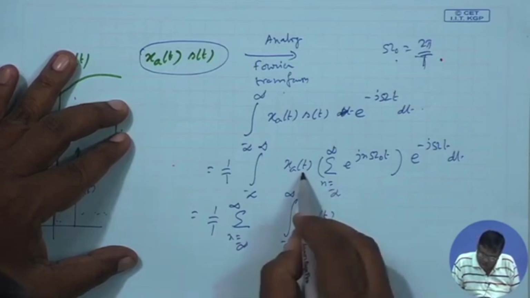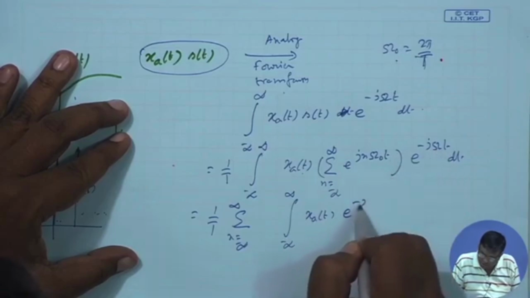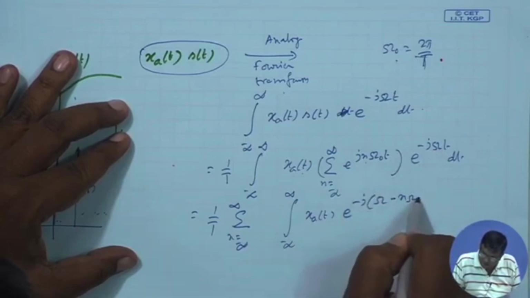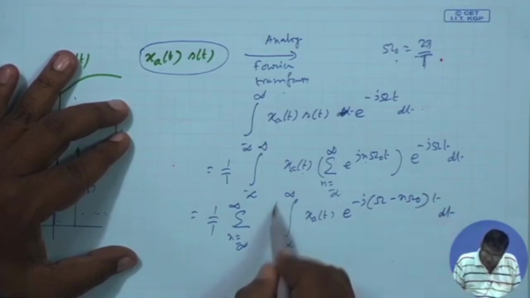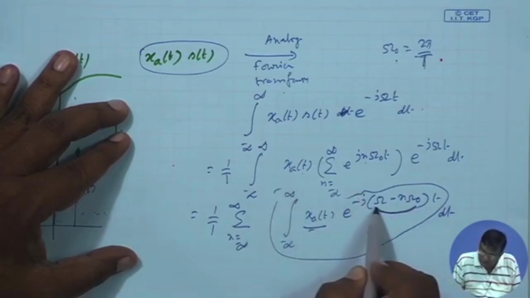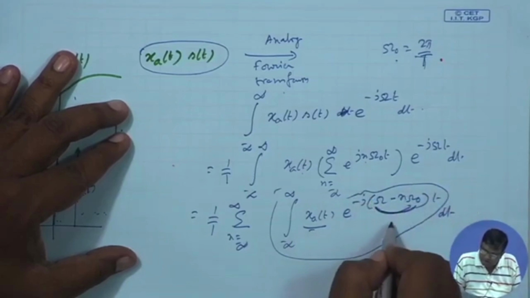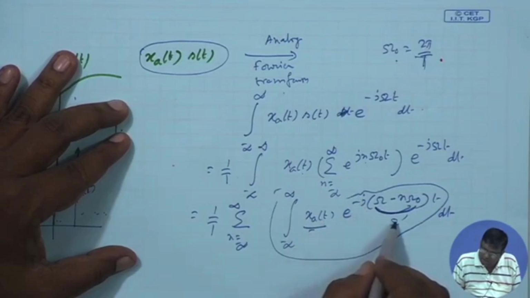For that n, you write x a t e to the power j, you combine both, capital omega minus n omega naught, t dt. But what is this? This is nothing but the analog Fourier transform of this at this much analog frequency. If you call it capital omega prime, it is x a t e to the power minus j capital omega prime t.